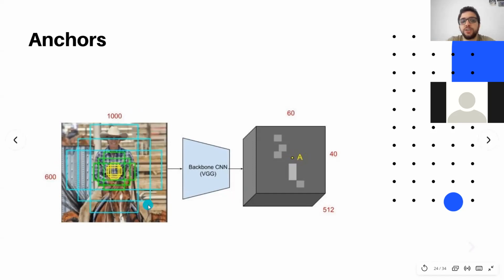Each set of these anchors usually is either a rectangle which is horizontally set, or a rectangle which is vertically set, or a square. So basically either a rectangle like this or a square like this, to be able to see different types of objects in different scenarios.